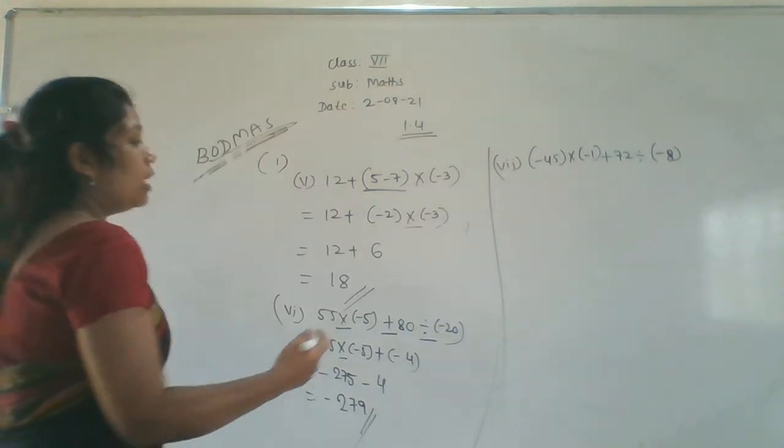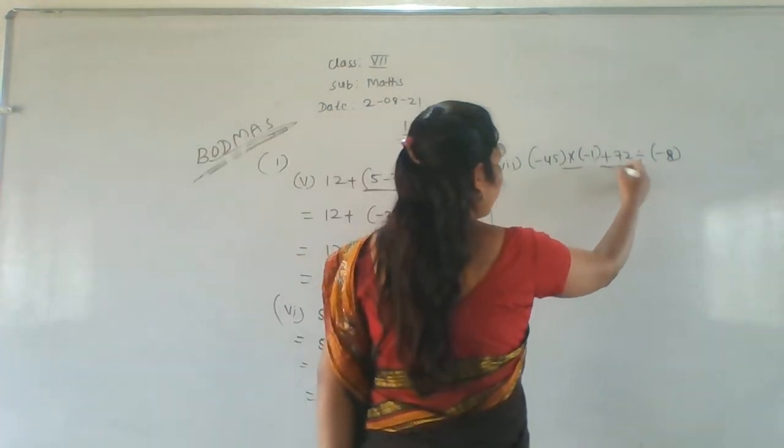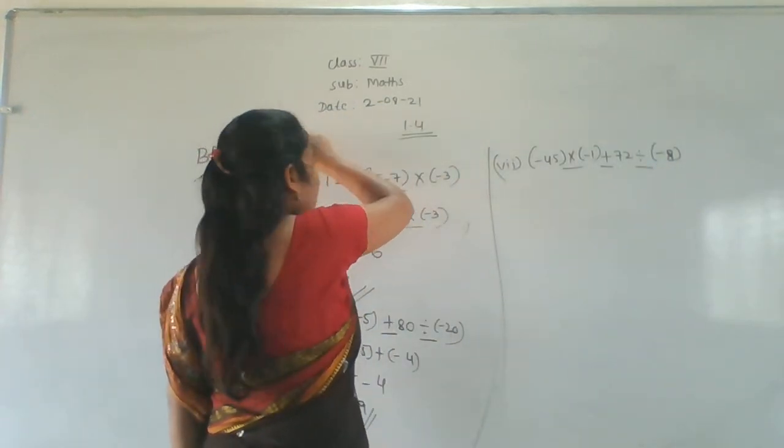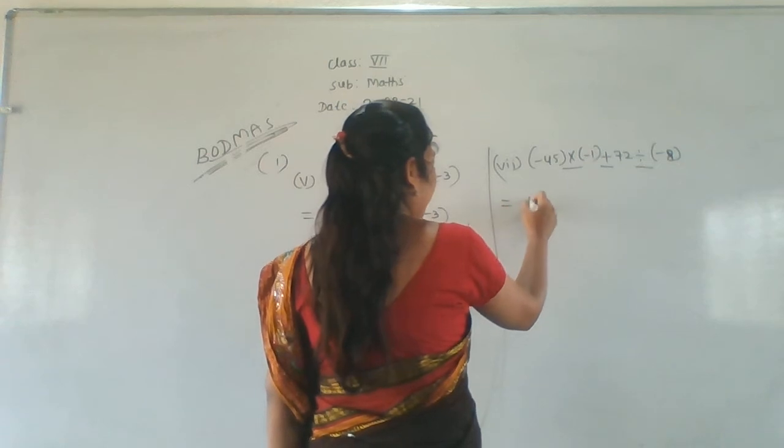Here also same thing. Here multiplication is there, here addition and here division is there. So according to the BODMAS, first do the division here.